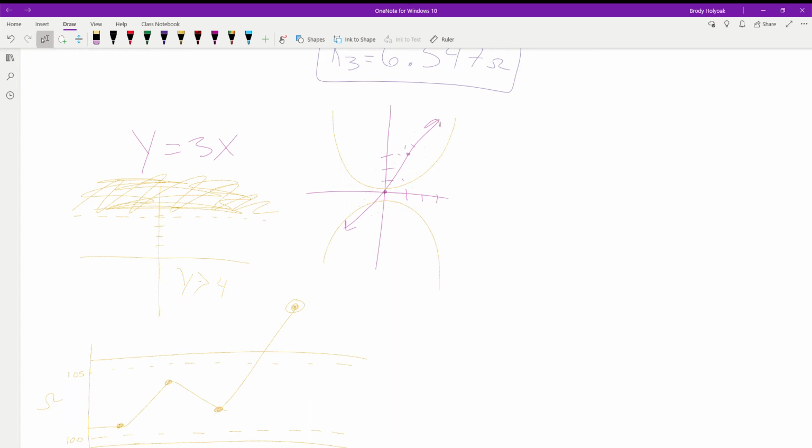Even when calculators or computers graph, they're going to be off just a little bit, because at a certain point they have to round, and then you're eyeballing what's actually going on. So if you want precision, you're not necessarily going to use a graph. But if you want to see the trends and get a general idea of what it should be, sometimes they will give you the exact answer, but sometimes it's a little bit harder to get. Does that make sense with graphs?